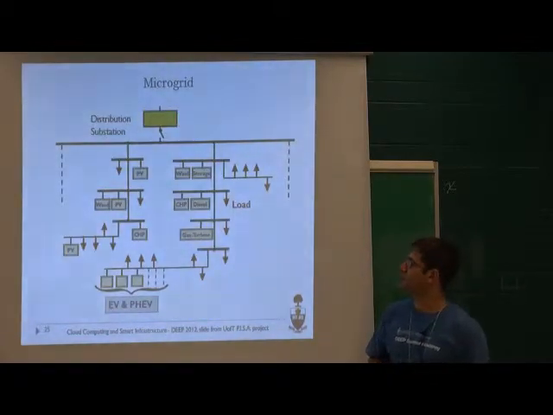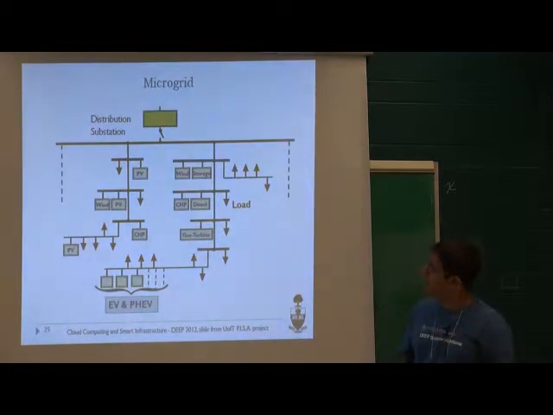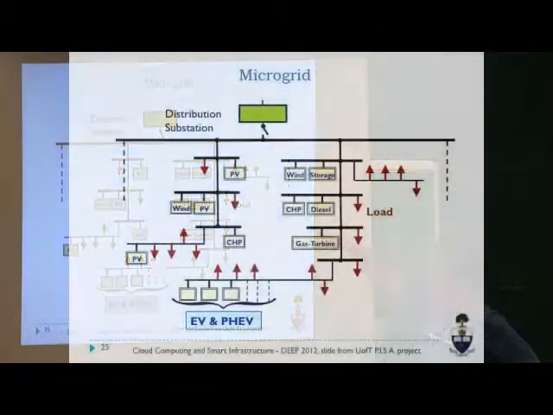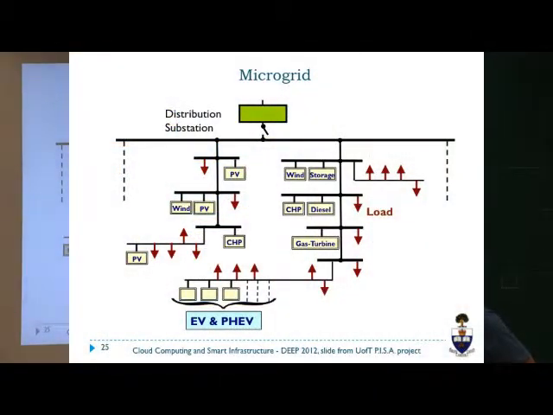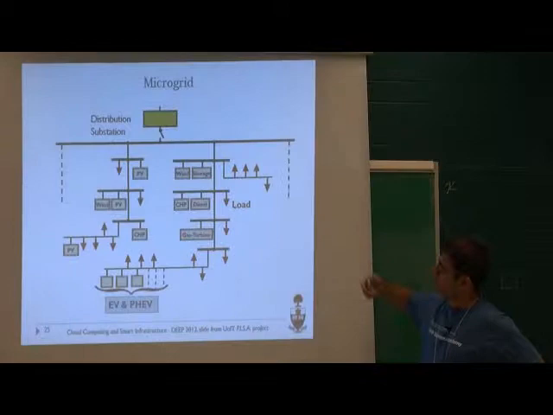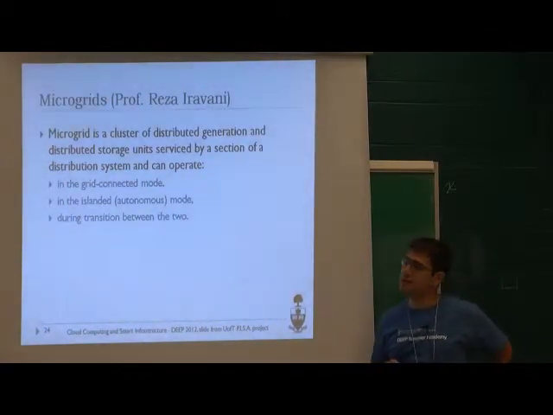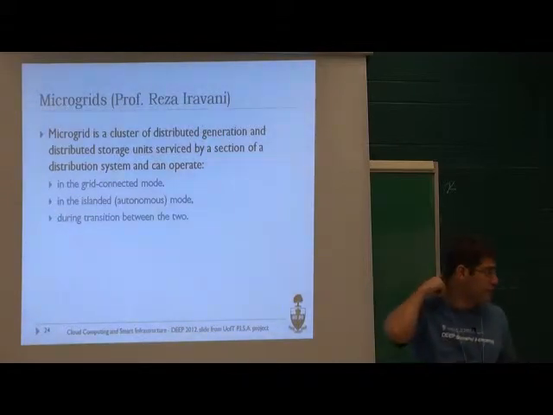Let's go to the picture so that you'll see this more. So here, one way of looking at this is you have your different ways of generating the energy. You have your different loads, and the key part here is you have distributed storage units. So that's what you're asking about, whether you can have a storage system.